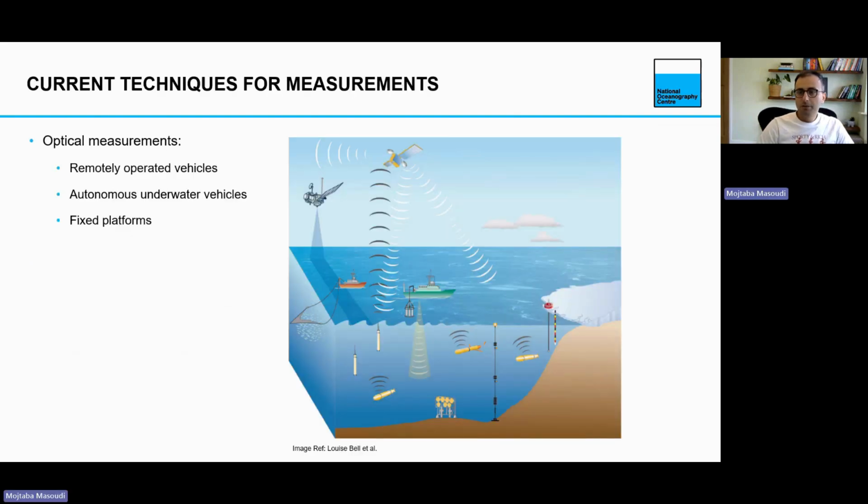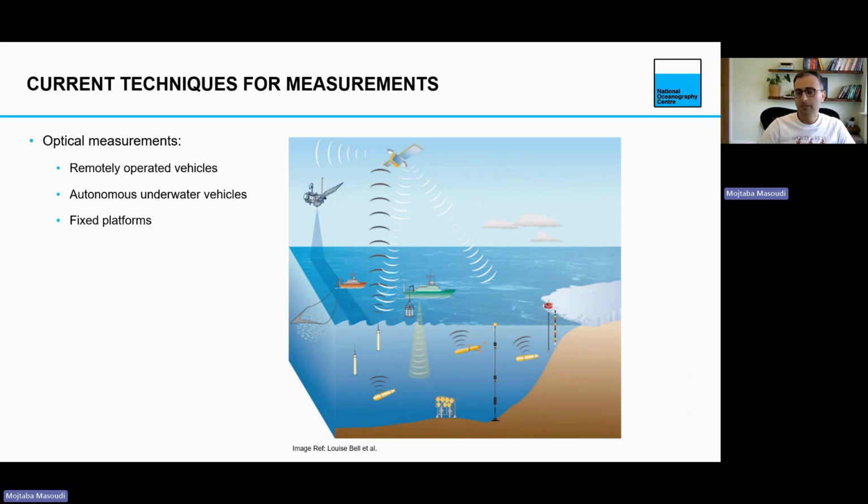For measuring and collecting data, there are many techniques for collecting imagery from the oceans. For example, we can operate remotely operated vehicles, autonomous underwater vehicles, and fixed platforms.